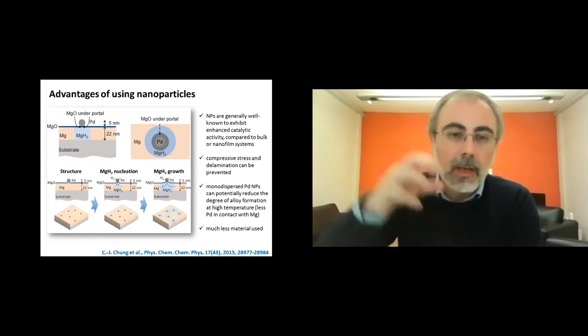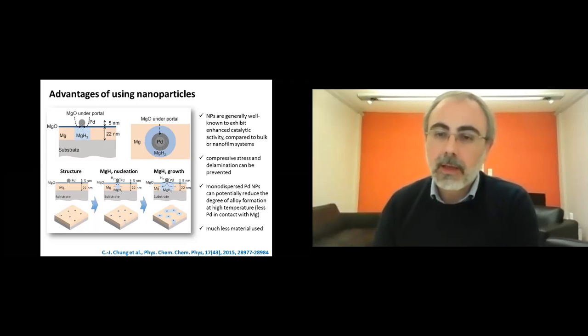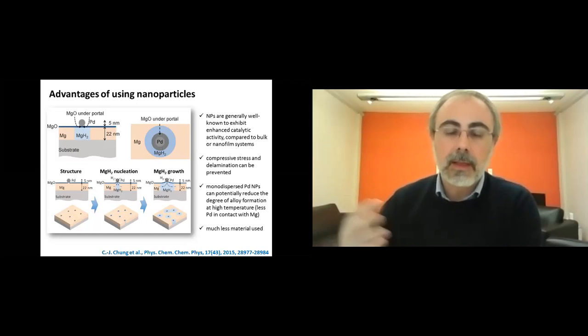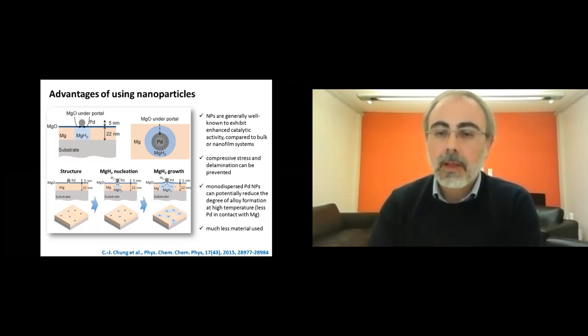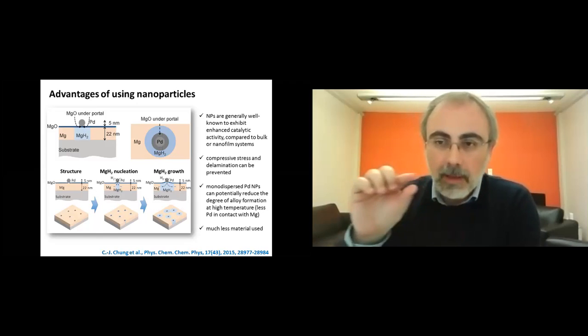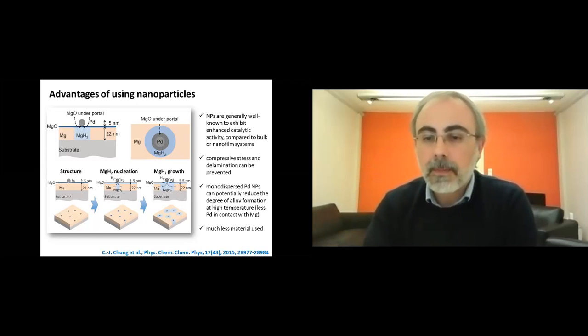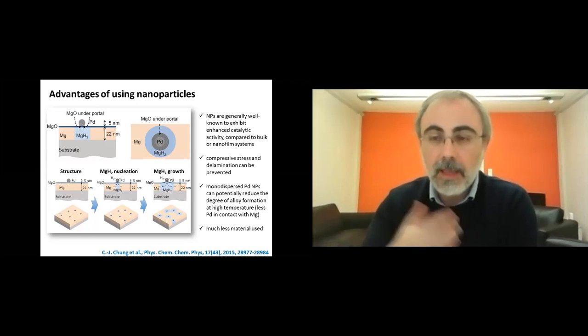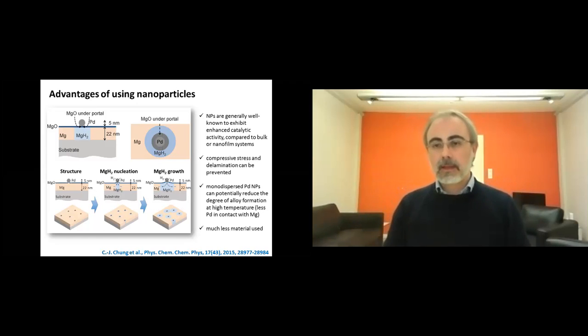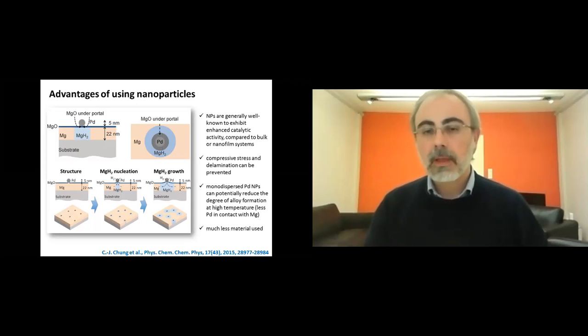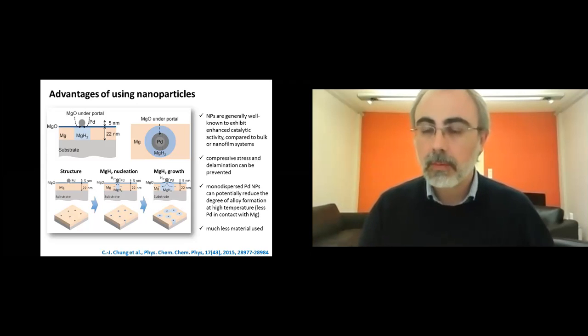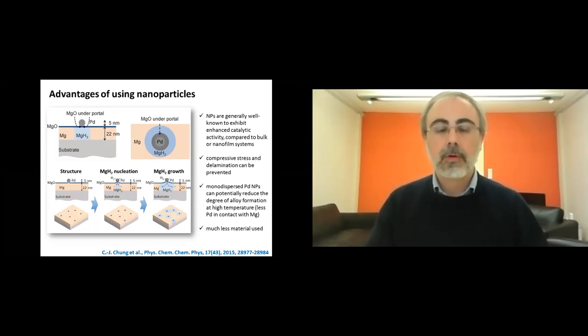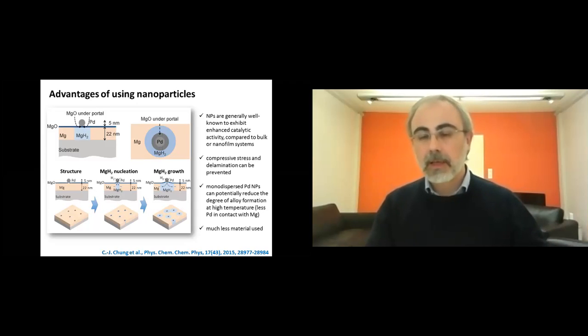Of course, because of the low amount of palladium, the compressive stress is limited, delamination is prevented, and so on. And also, very little alloy formation was observed in this case. And of course, one of the main advantages is that the price was much lower because palladium is quite expensive. So the less palladium you use, the better.